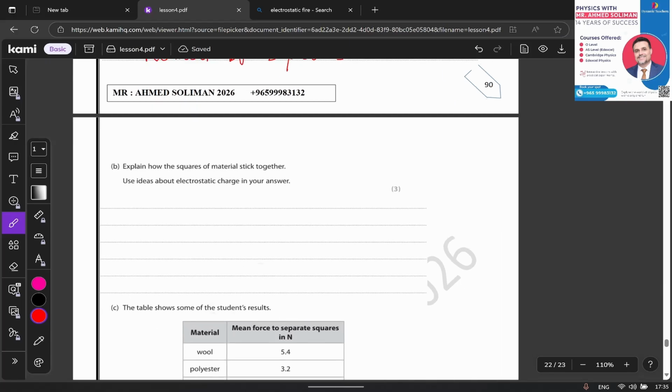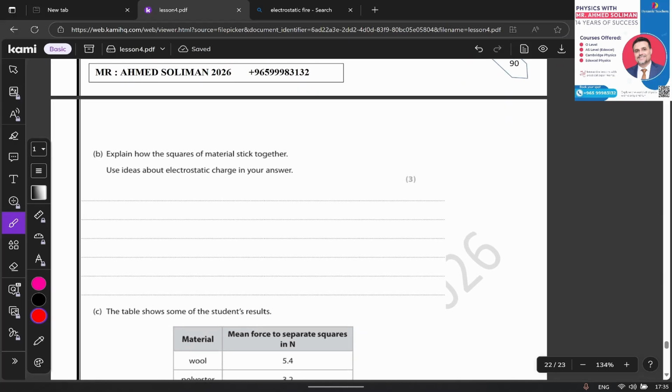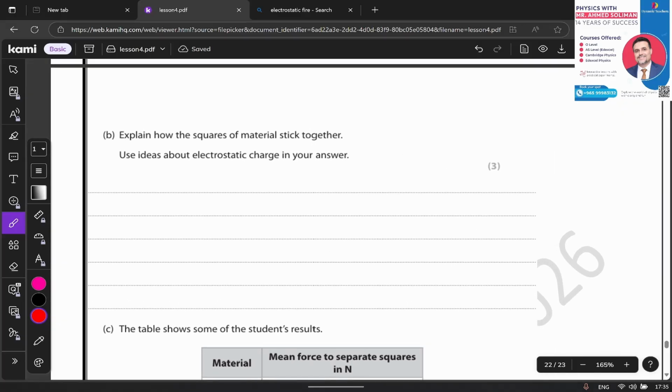Explain how the squares of the material stick together. Use ideas about electrostatic charge in your answer.